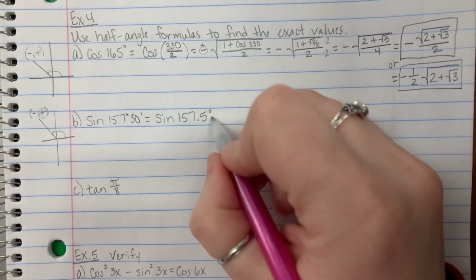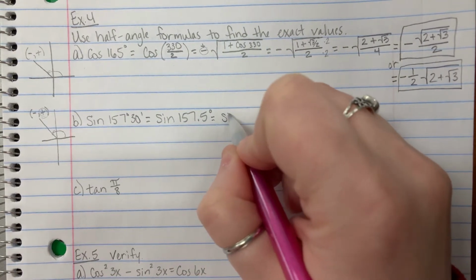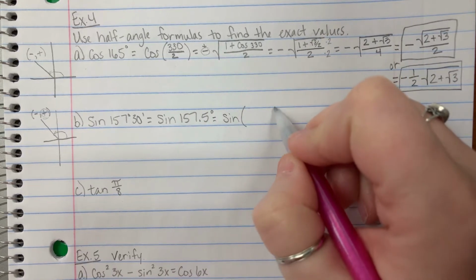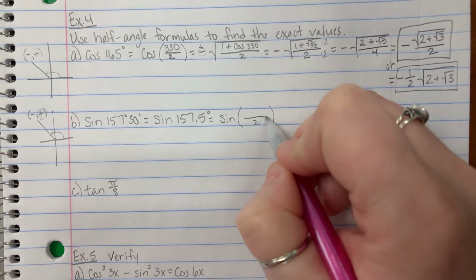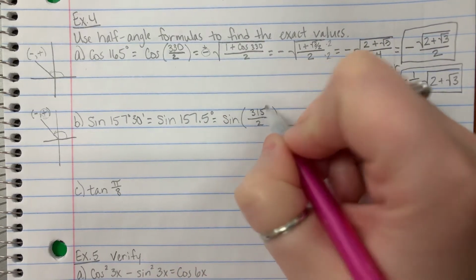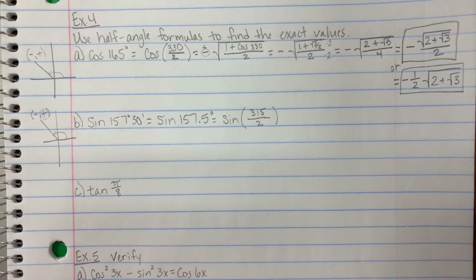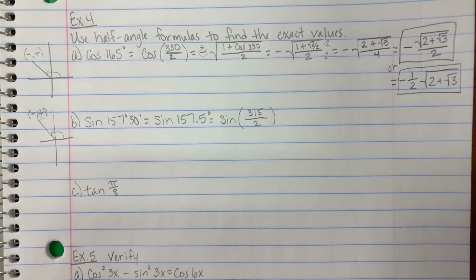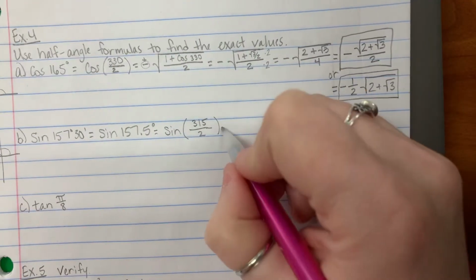The other thing I'm thinking about is how can I make this a half angle, right? So I'm thinking what divided by 2 would give me 157.5? That would be 315. Okay, so then I'm going to go through my formula here.